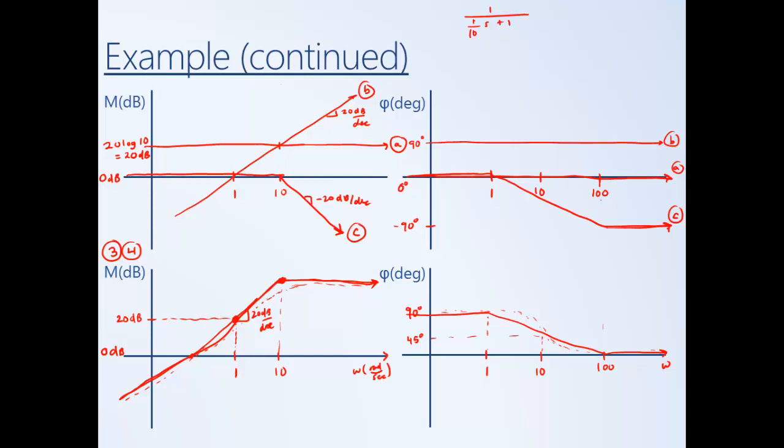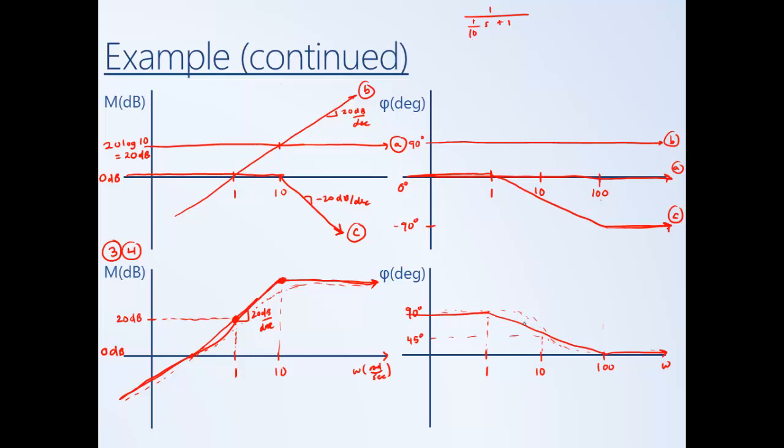With the phase plot, again, you need to identify the corner frequencies. So here, this corner occurs at 1 radian per second. This corner occurs at 100 radians per second. We don't need to identify this slope. We don't need to write it in as minus 45 degrees per decade, but we do need it to be correct relative to the other segments.